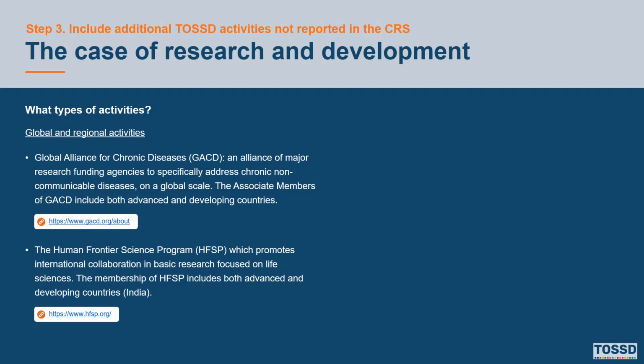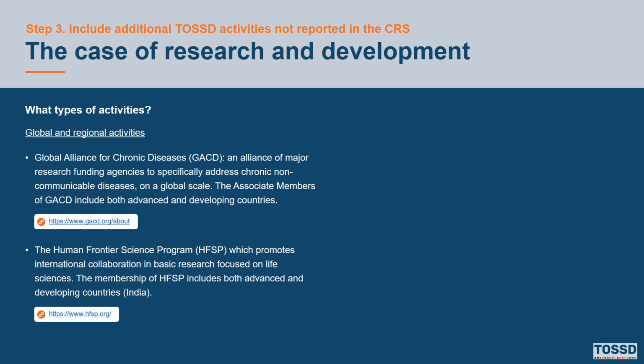Next to activities taking place in the provider countries, providers can also report global and regional activities. This slide presents a few examples. The first example is the Global Alliance for Chronic Diseases. That is an alliance of major research funding agencies to specifically address chronic non-communicable diseases on a global scale.